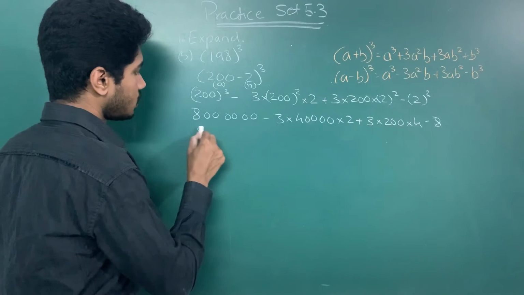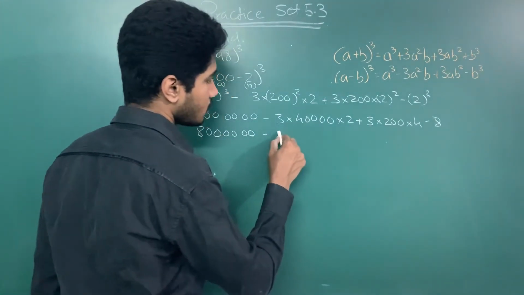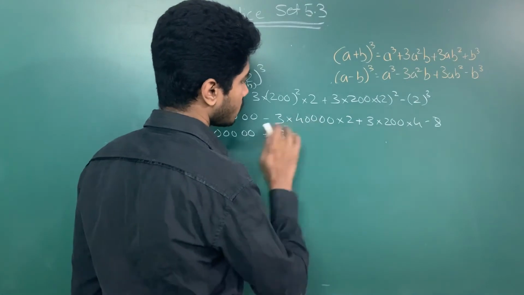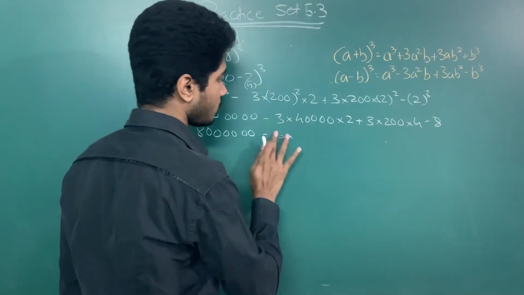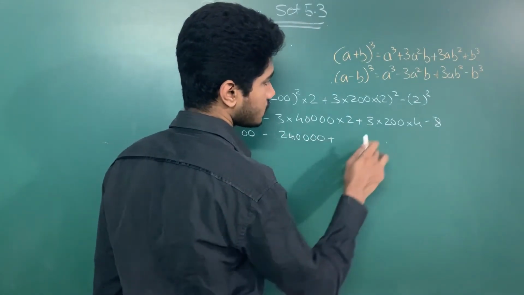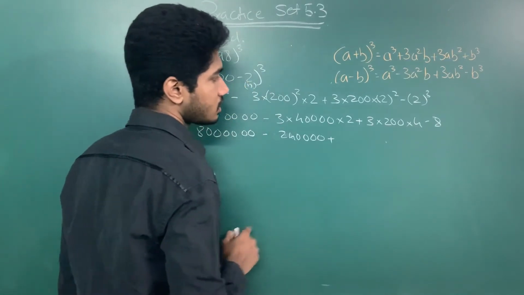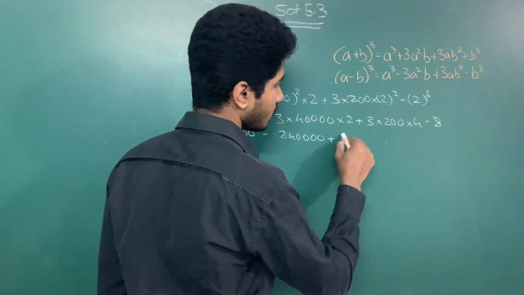Now this will be your 8 lakh, 3 into 4. Now when you multiply this, so you get 3 2s are 6, 6 4s are, we can write 24 plus 3 2s are 6, 3 4s are 12, 12 into 2 will be 24.